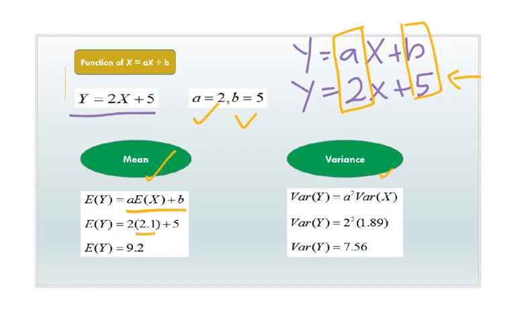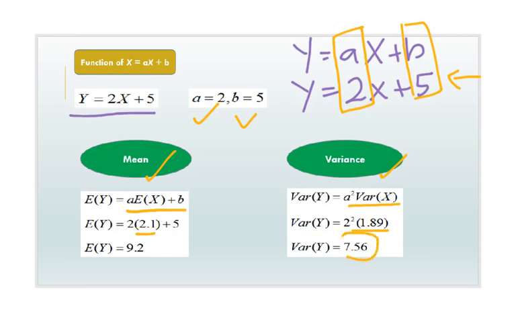And then for the variance, the formula for the variance of Y is a squared multiplied by the variance of X. You know the a value is 2, so you substitute 2 and square it, and then the variance of X, which we already calculated in the third property, is 1.89. So you substitute the values and calculate.